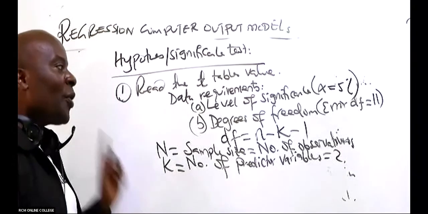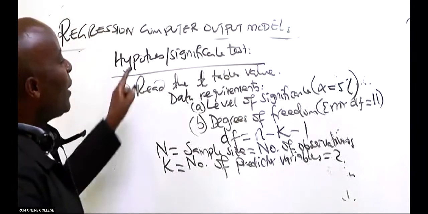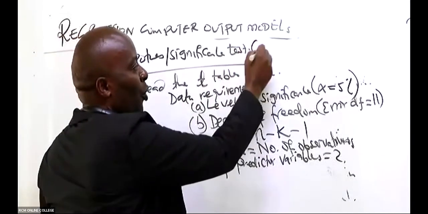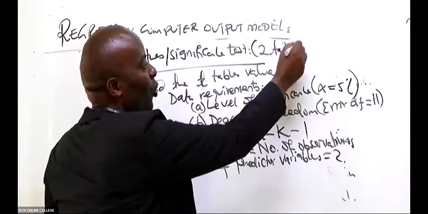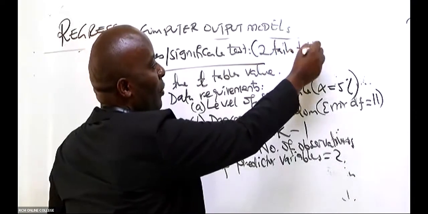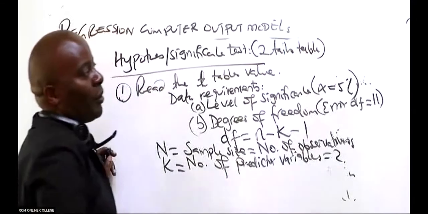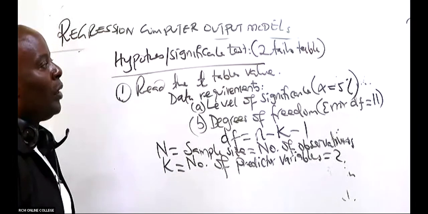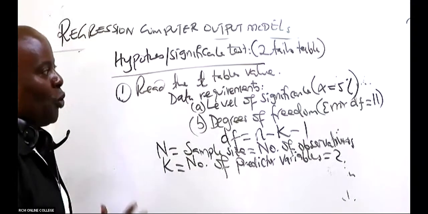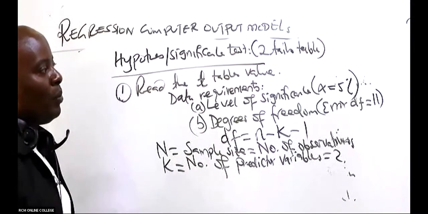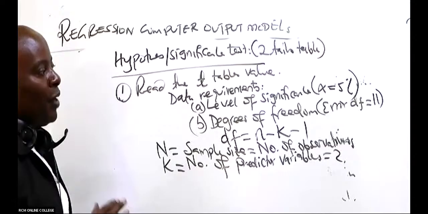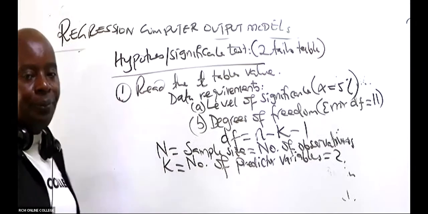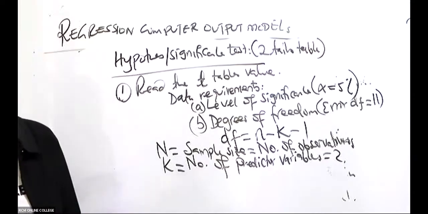The other thing you're supposed to know is that for our significance test here, for the T, we always use what we call the two tails table. Very important. I don't know whether you have this T table from your past papers.